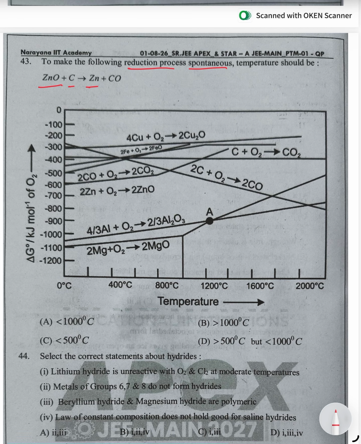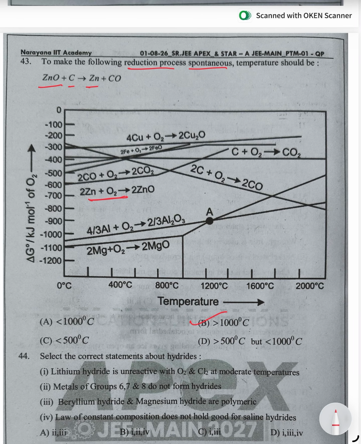Now in the graph, zinc oxide can be reduced by which agent, and at what temperature we have to select. Less than 1000, greater than 1000, less than 500, and greater than 500 but less than 1000 degrees centigrade are given. To make the reduction process spontaneous, above 1000 degrees centigrade is used.